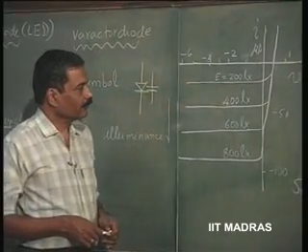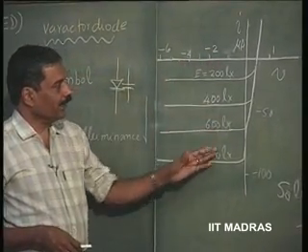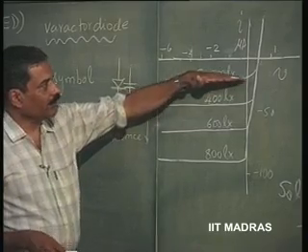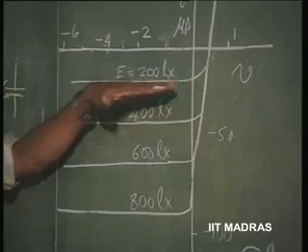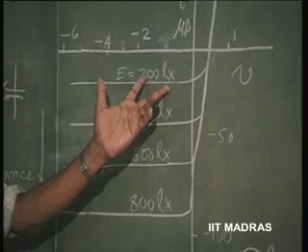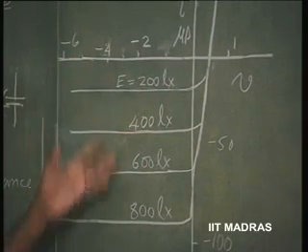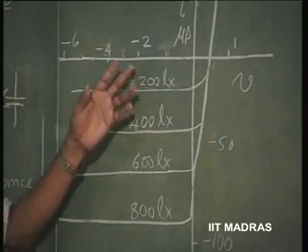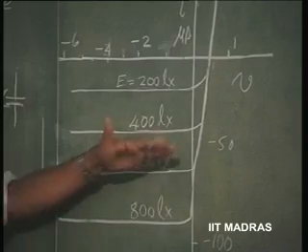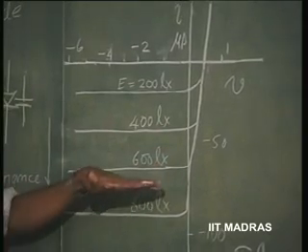Now, this is the way the saturation current varies depending upon the various illuminance levels, as the illuminance is increased. In this direction is the current capability.